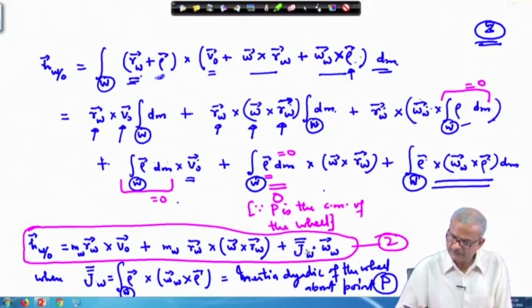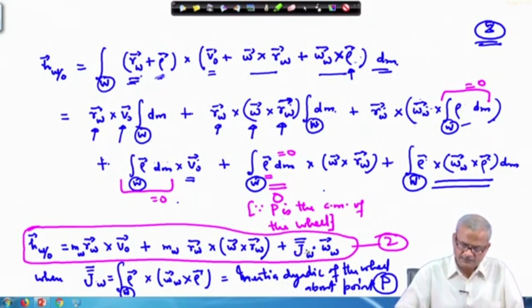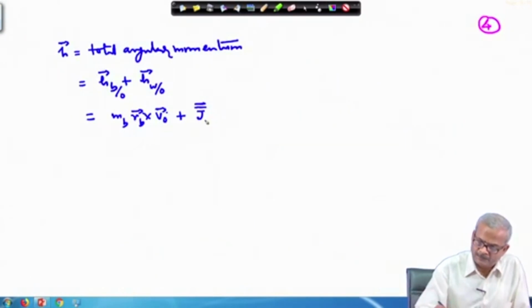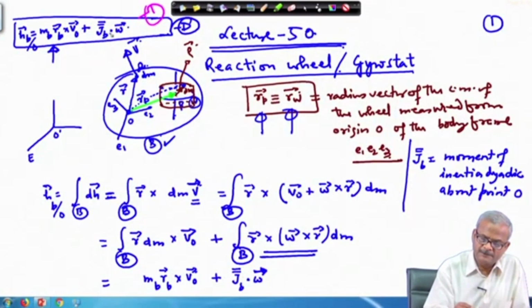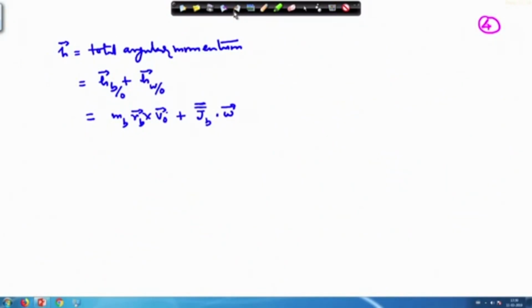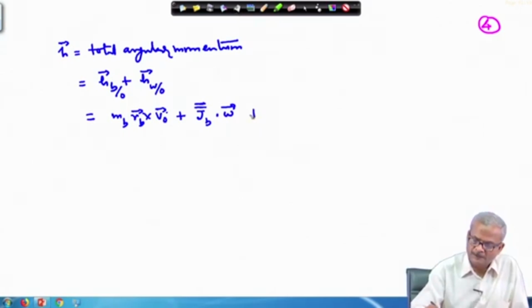The reason will become clear once we advance. This is the inertia dyadic of the wheel. So, this is for the body times omega. Okay, this is J_B dot omega, and plus the other part is W_0.